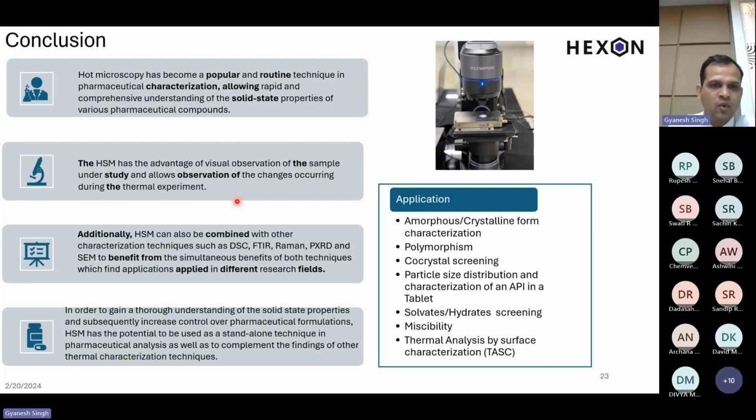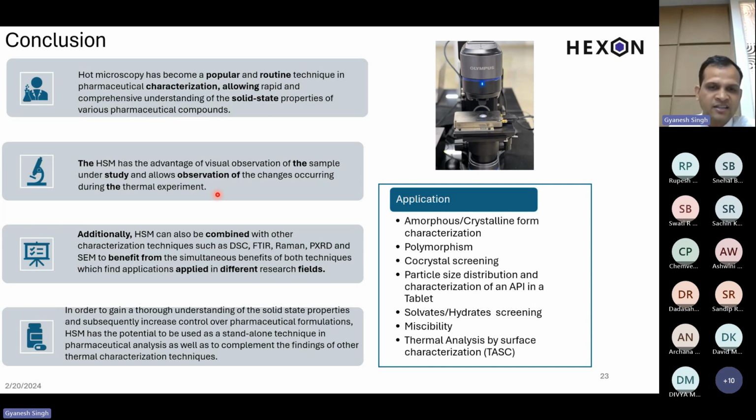HSM has its own advantages because you are able to visually see the change in the sample, which is normally missed by conventional techniques. Additionally, HSM is a tool which can be combined with DSC, FTIR, Raman, PXRD and SEM to benefit from the simultaneous advantages of both techniques.